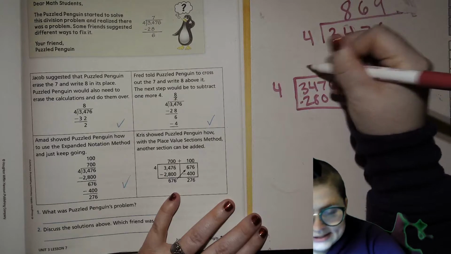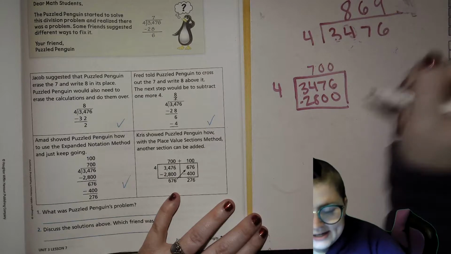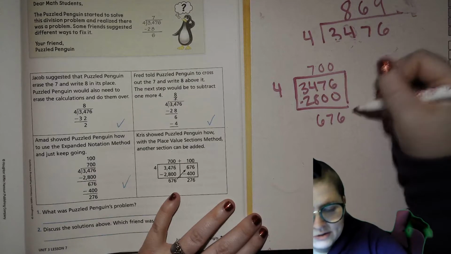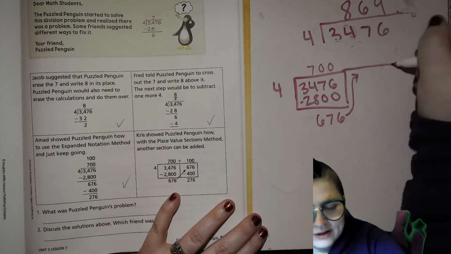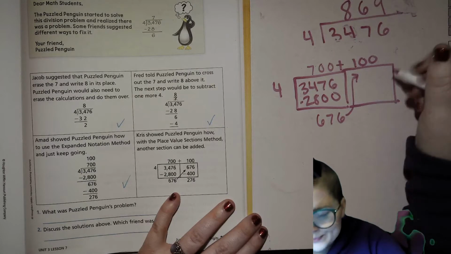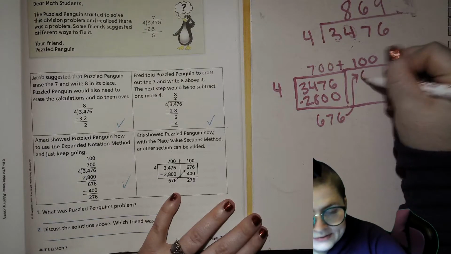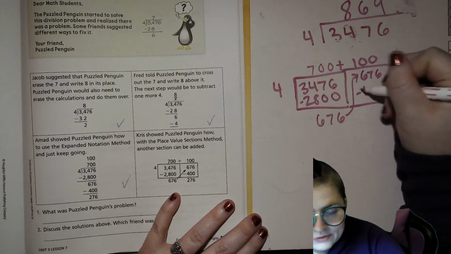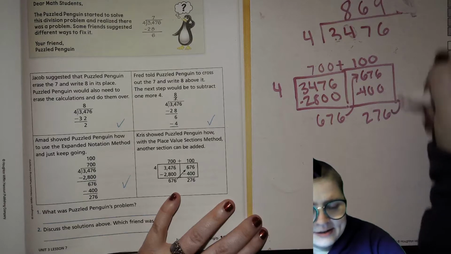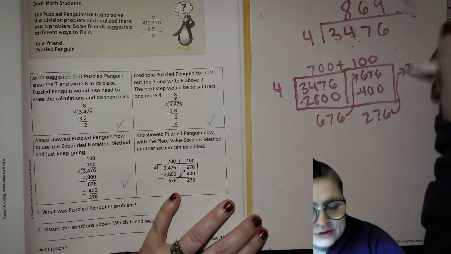So that was with the 700. And then he had the 676, and he's like, oh, whoopsie poopsie, what you could do with that is we'll get one more 100 in there. Then just drawing that there, 100 more. Then you have 676 minus the 400, and then you have the 276 again. And then you can just keep on going.